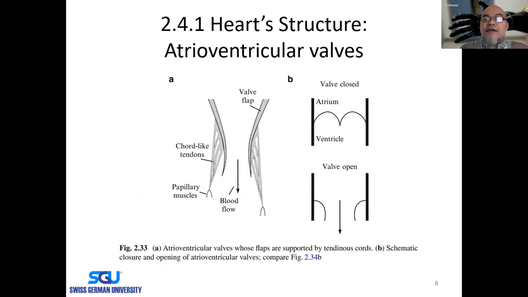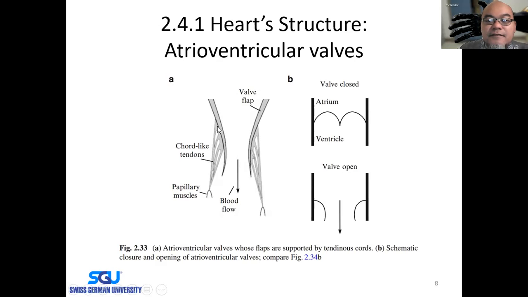So the valve between the atrium and ventricle functions to make the distribution of the fluid only one way. The blood can only flow from the atrium, the upper chamber of the heart, into the ventricle, the lower chamber of the heart. So the structure is like this.